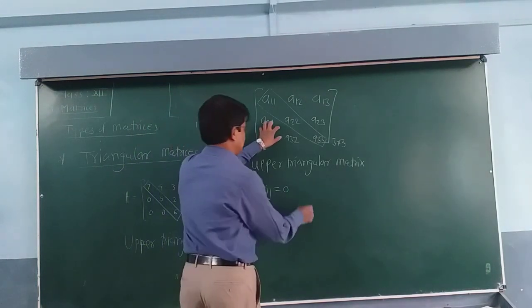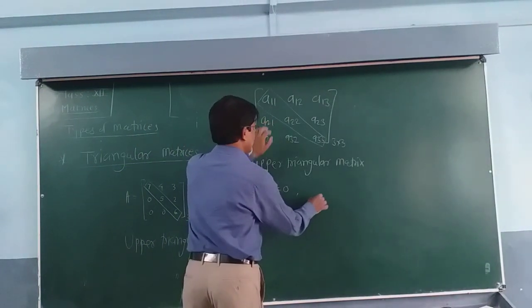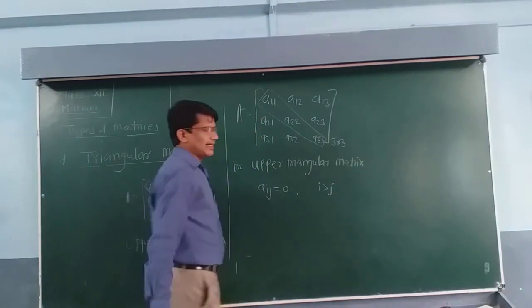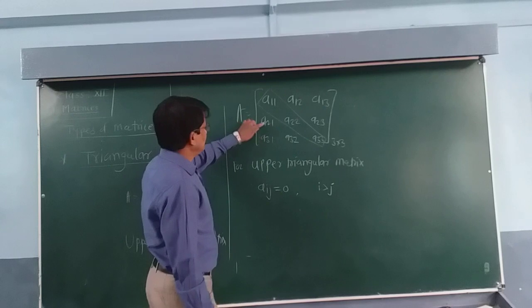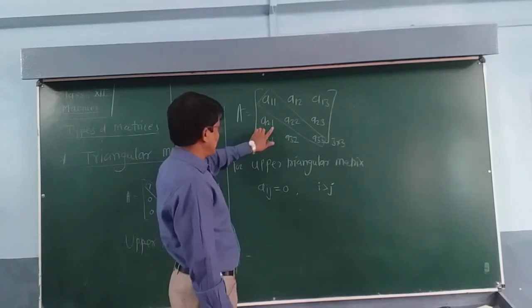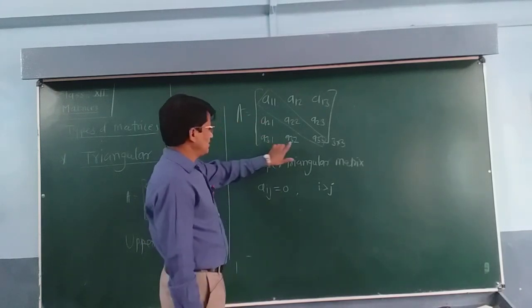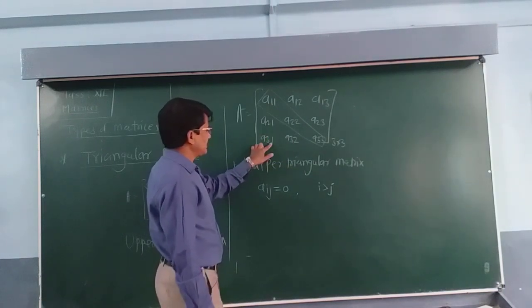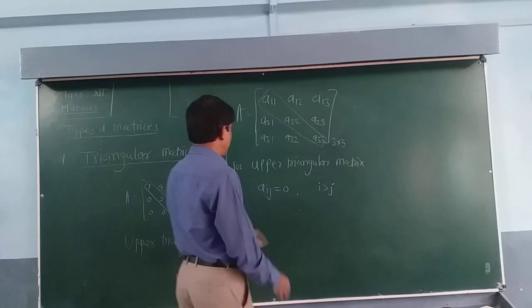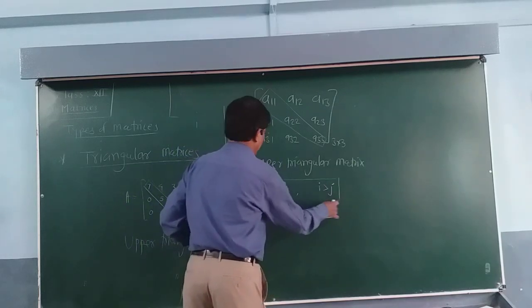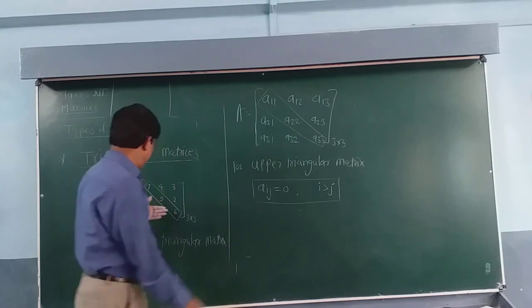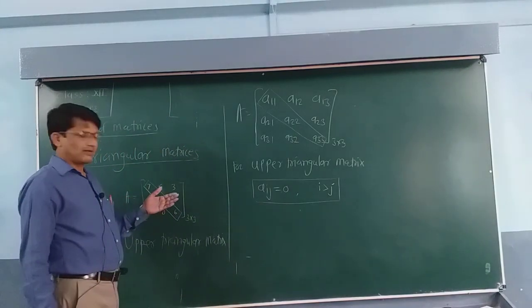Only at this place, that is i greater than j. Look here: 2 greater than 1, 3 greater than 1, 3 greater than 2, so i greater than j. This is an important condition for an upper triangular matrix. This is the example for an upper triangular matrix.